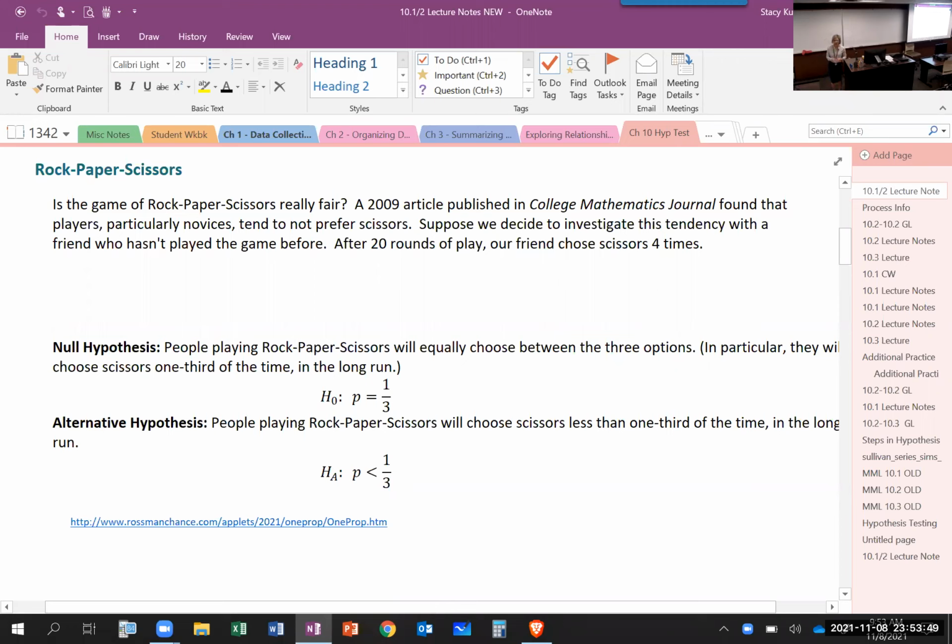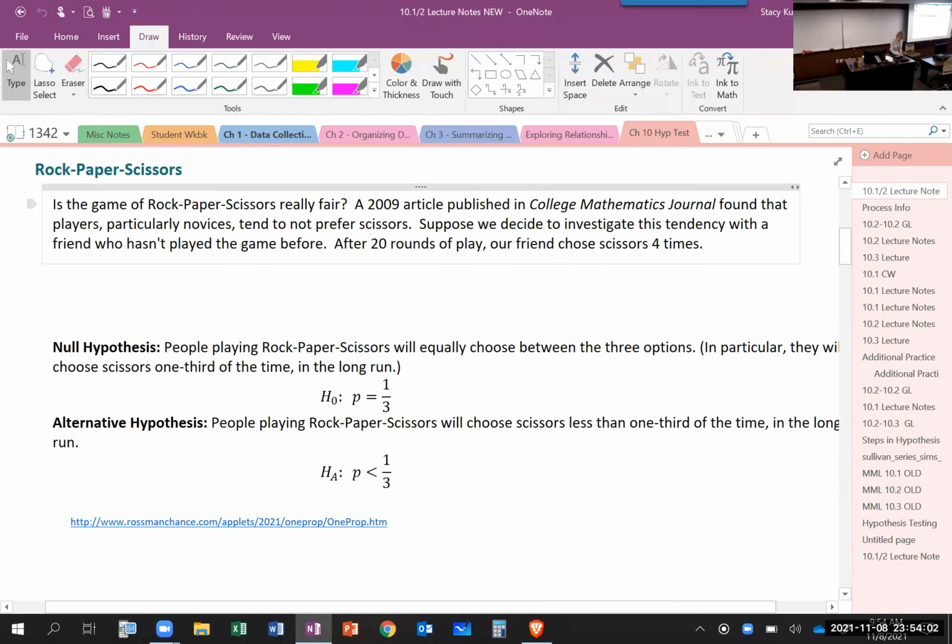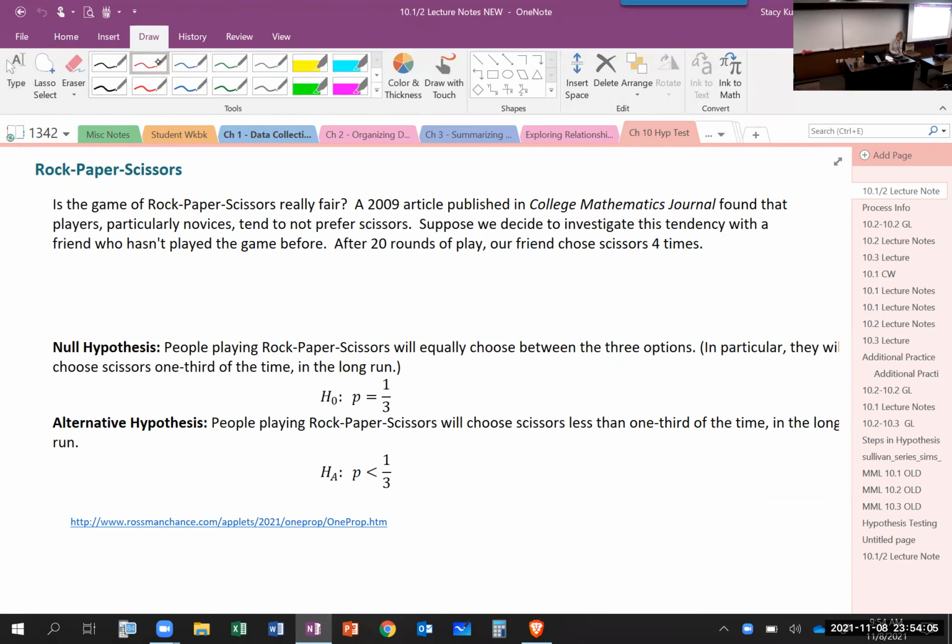So we're going to claim that the variable in this particular case is choosing scissors, because it specifically says after 20 rounds of play, your friend chose scissors 4 times.